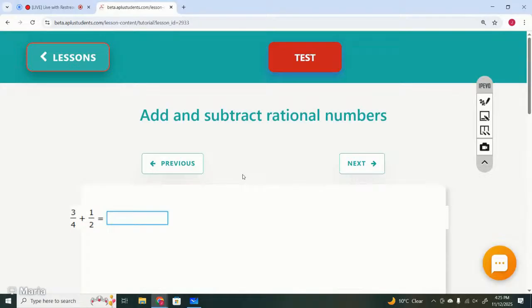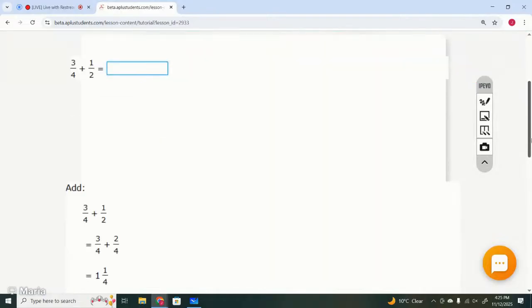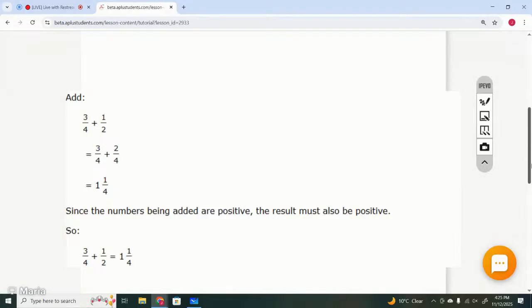So, we can add them exactly the same way like we add the fractions. The first thing is we need to find a common denominator, right?